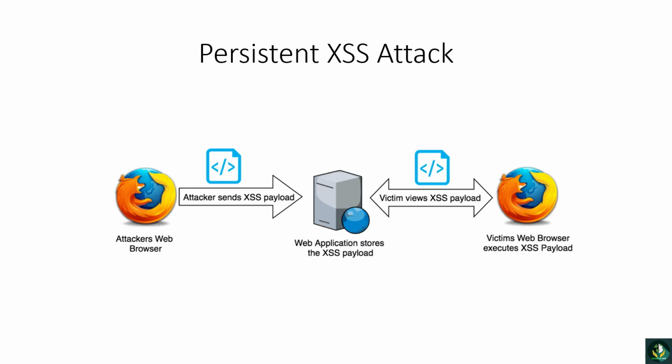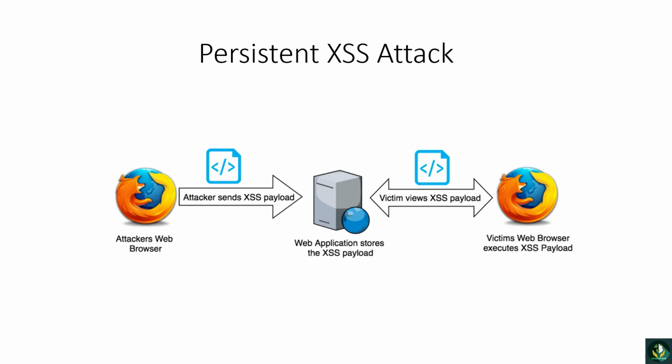An attacker, for example, posts a seemingly attractive comment, but the comment contains a malicious script. Later, when a user views that comment, the user's browser runs the script automatically.